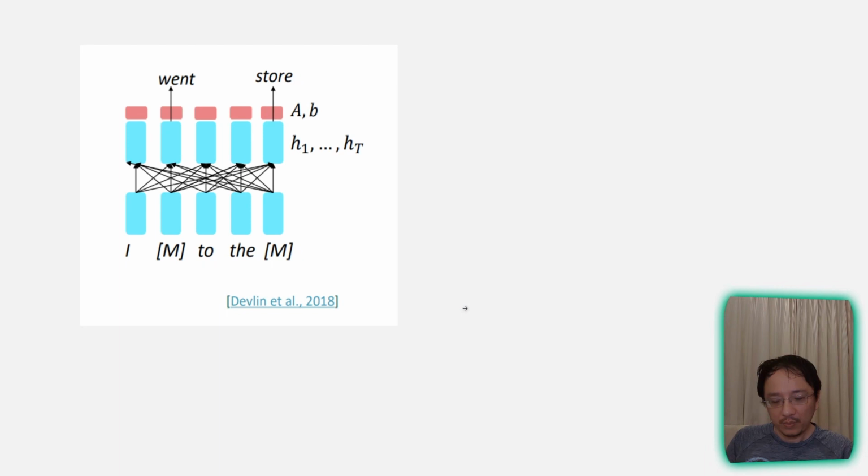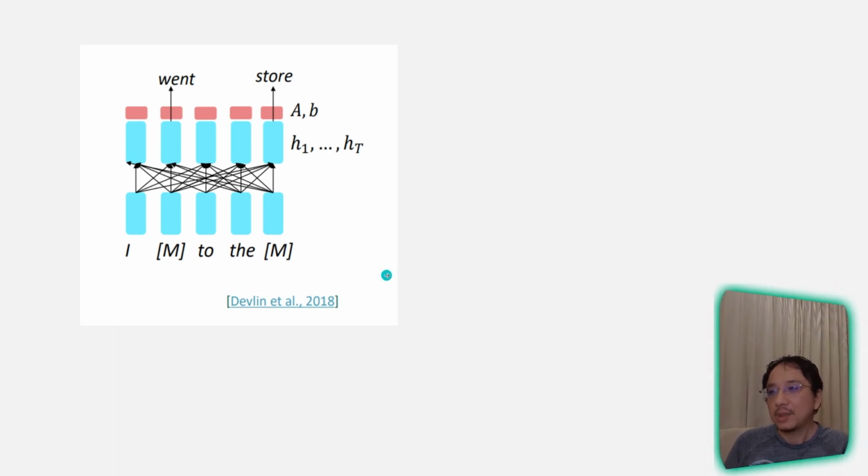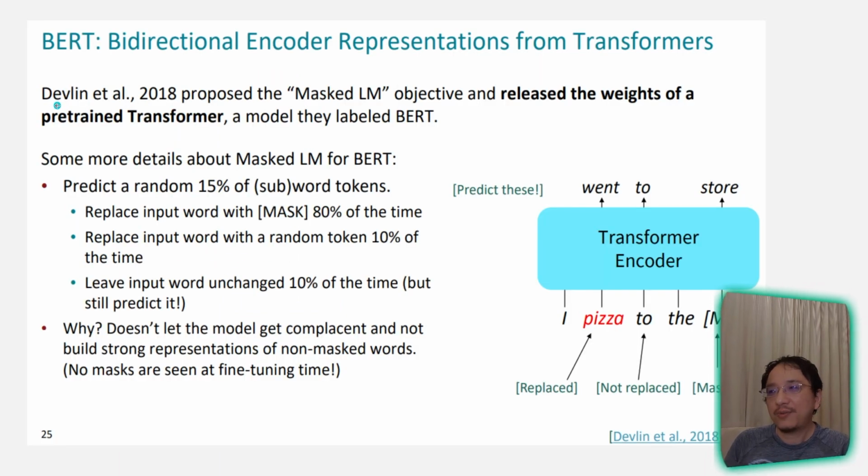So to train the encoder, one way is to mask some words out of the text and ask the model to inference the word that is being masked. One of the most famous examples of this type of training is BERT.